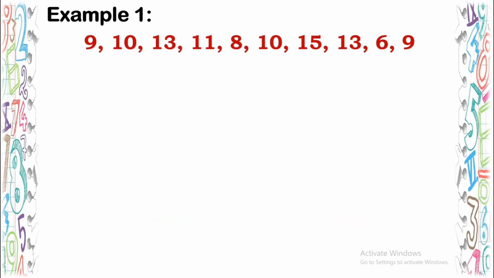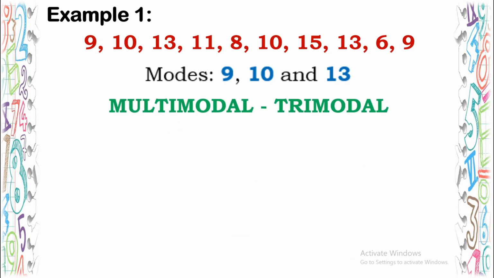Let's have examples. First, what is the most frequently occurring number in the given set of data? We have 9, 10, and 13. There are three modes, so the kind of data according to mode of this example is, you're right, multimodal. To be specific, it's a trimodal.